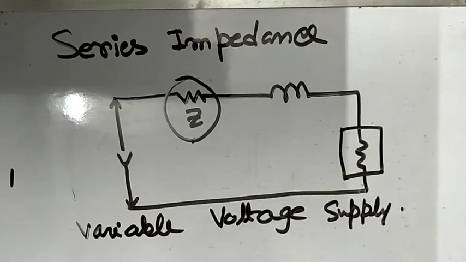Next, we vary the resistance. So the first procedure is variable number of elements.